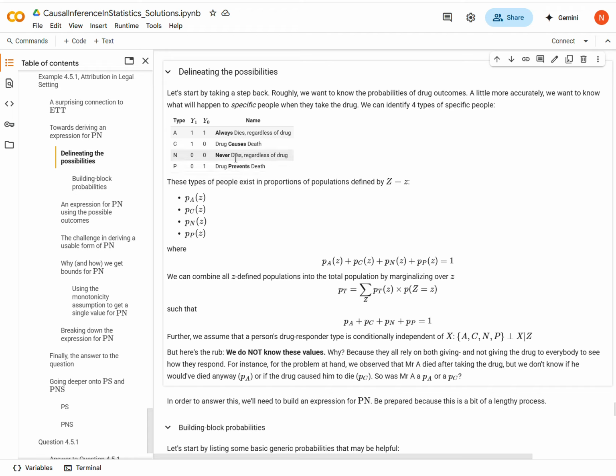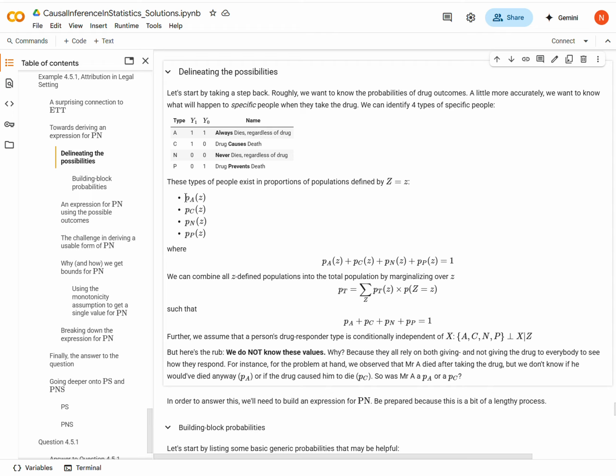Okay? Now, A, C, N, and P exist in the entire population, but we can also say that they exist in the subpopulations Z, right, for different health statuses. So you can imagine that these ratios would differ depending on the health status of the individuals. Okay?